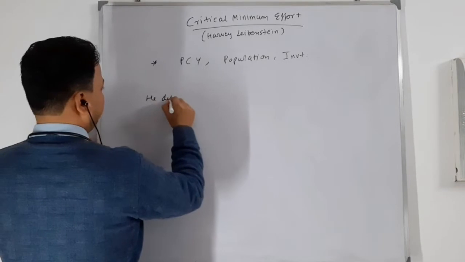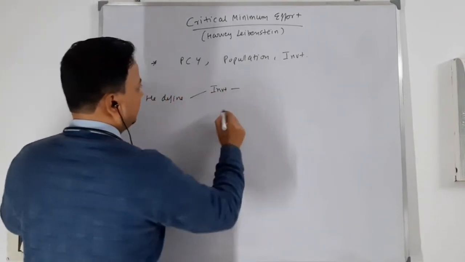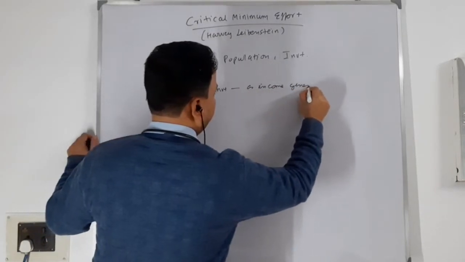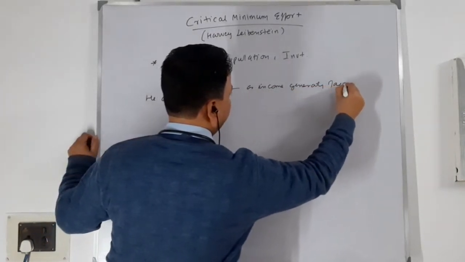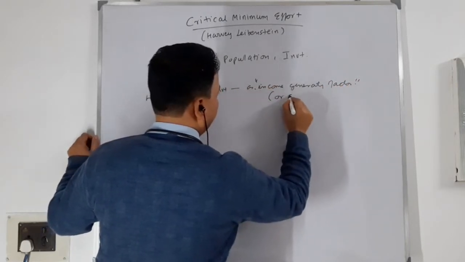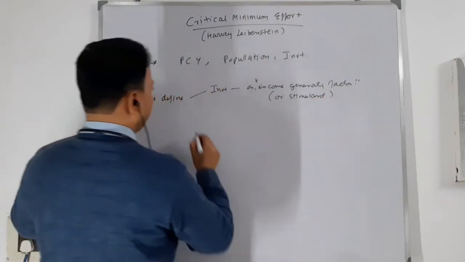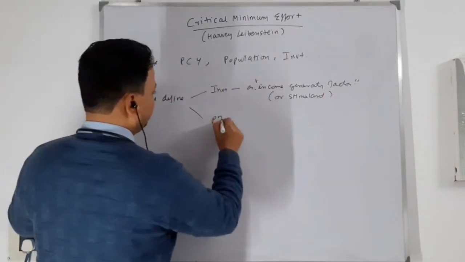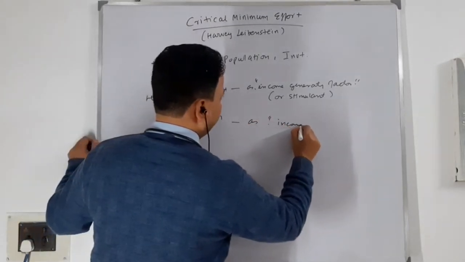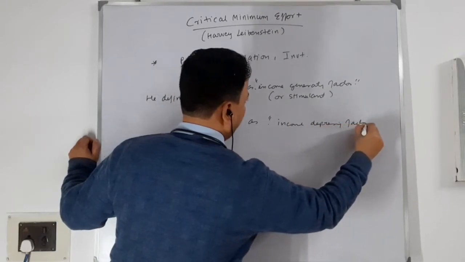He defined investment as an income generating factor, or stimulant, and population growth as an income depressing factor, or shock.